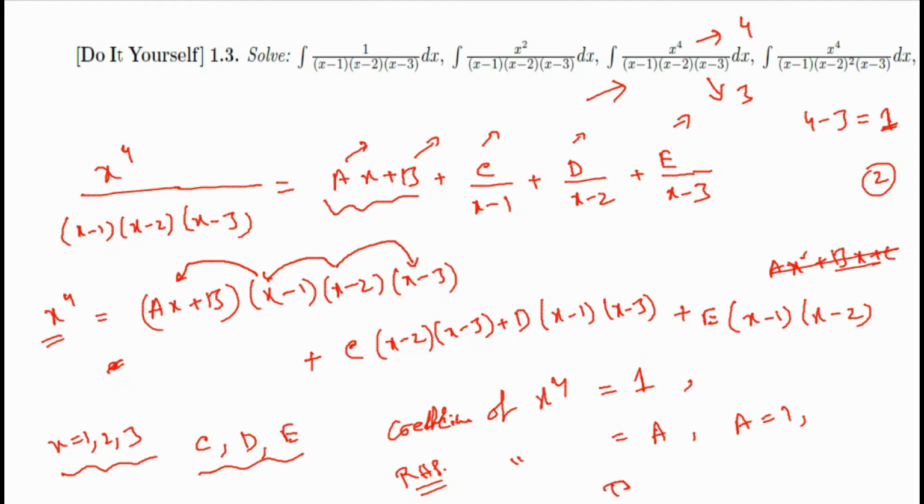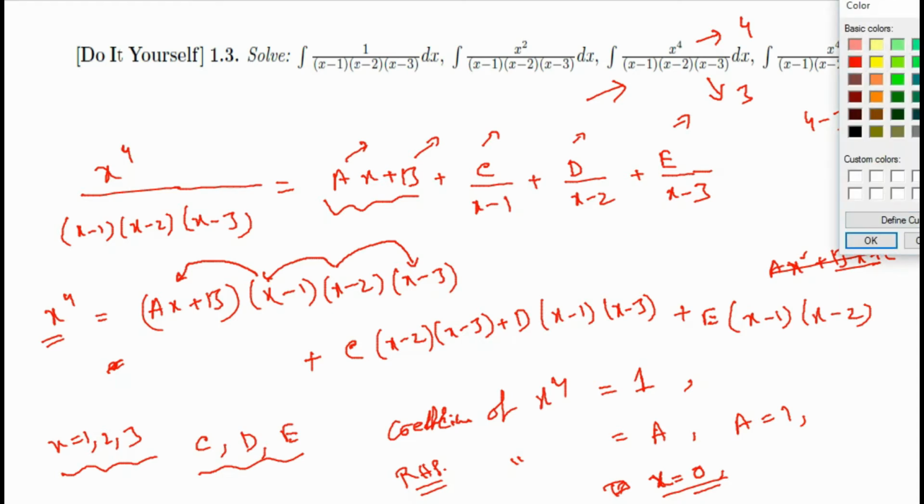Now lastly, what you can do, you just put x equal to 0. Now if you put x equal to 0, then the left hand side is 0. Okay, just let me use another color.